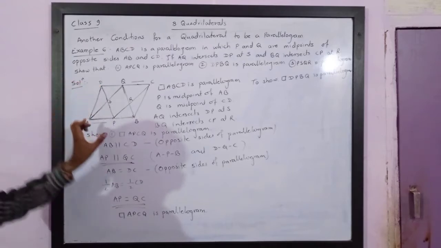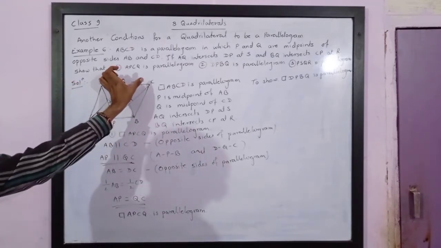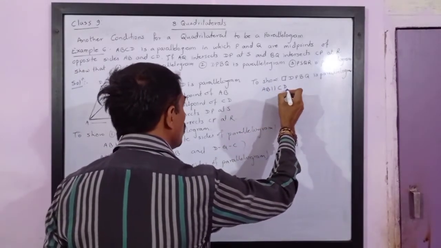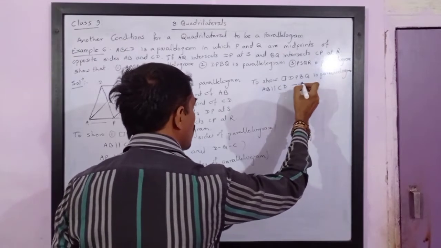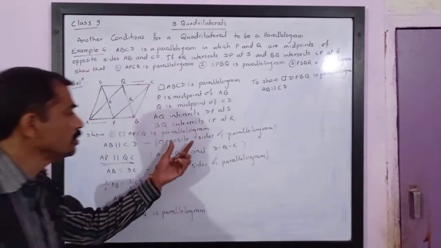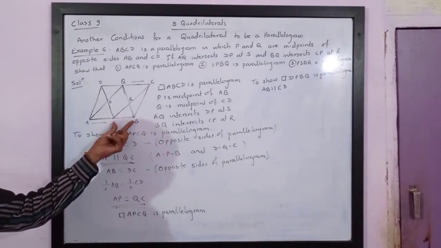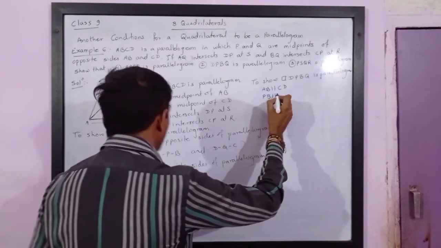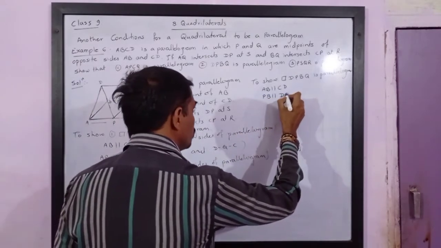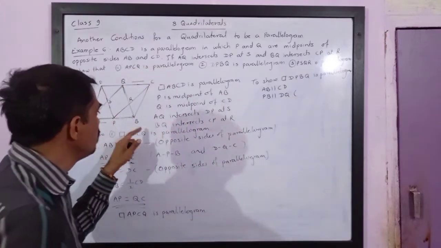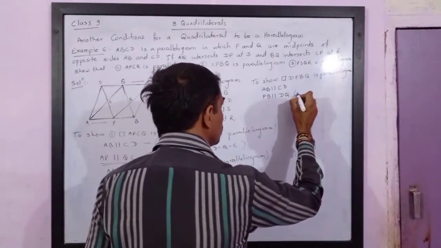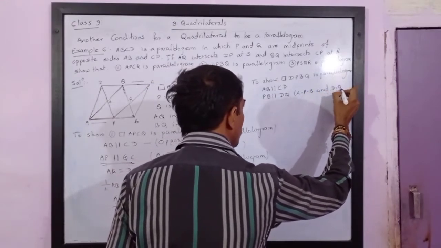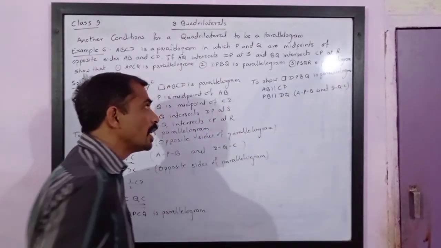We are already given AB parallel to CD, opposite sides of a parallelogram. It means PB is parallel to DQ. Reason is again P is between A and B, and Q is between D and C.